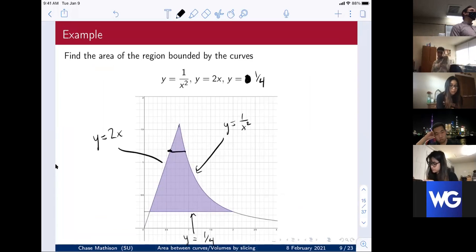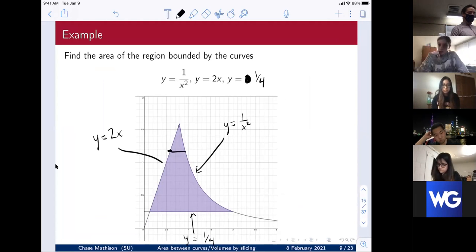So if I'm taking this integral in terms of y, well, my functions are in terms of x. So again, I need to solve these for x.